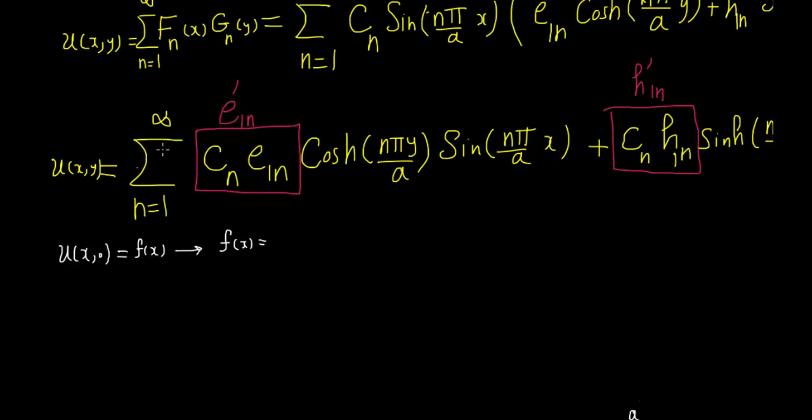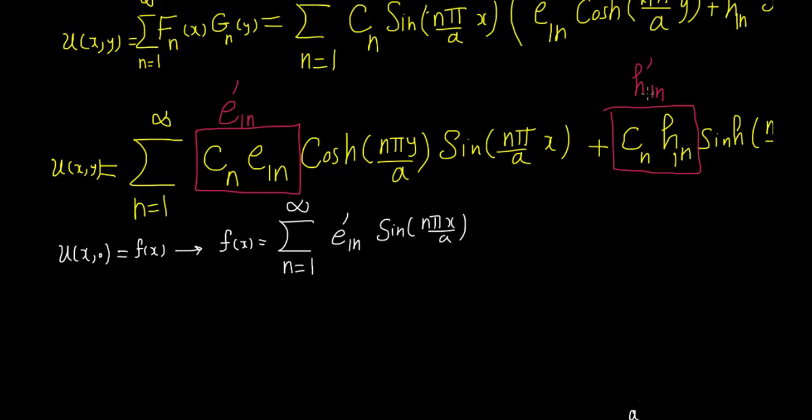Now we will write this sigma n from 1 to infinity of e prime 1n times cosine hyperbolic of 0, because y is 0. Wherever I see y, I will plug 0. But cosine hyperbolic of 0 is 1, so it becomes e prime 1n times sine of n pi x over a.